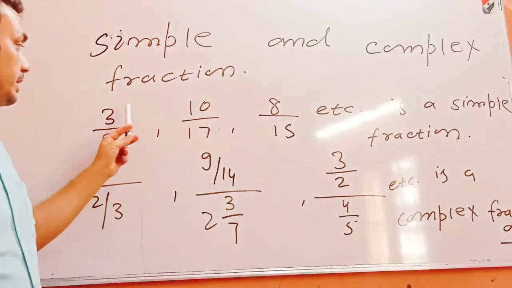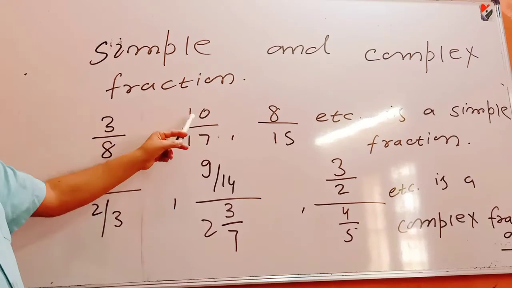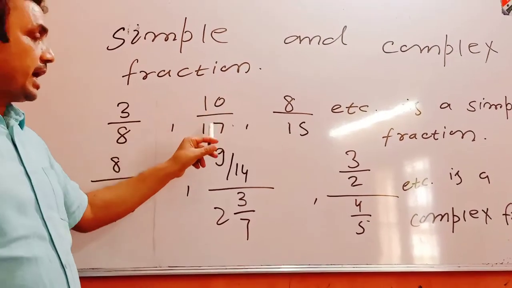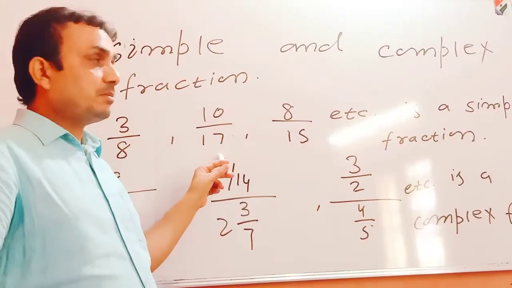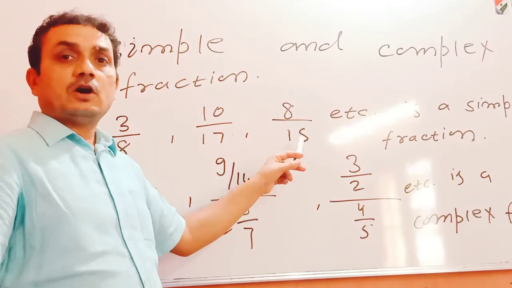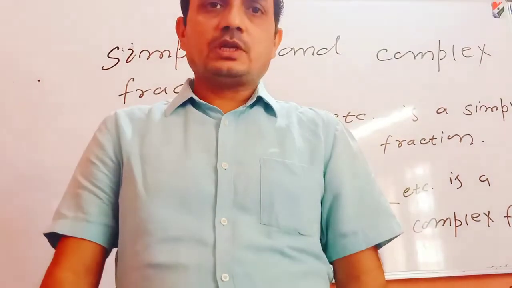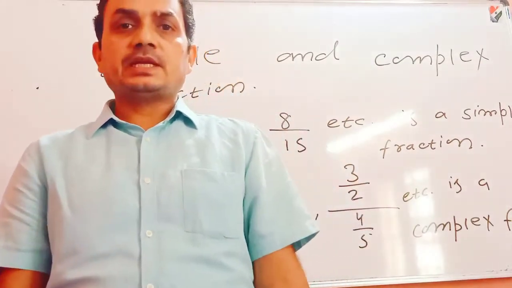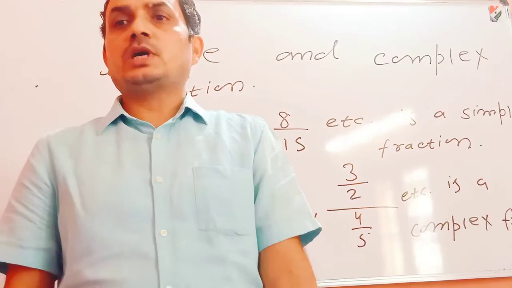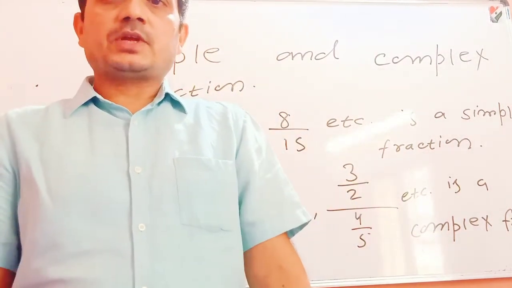Because 3 and 8 both are whole numbers. Our second example is 10 by 17; 10 and 17 are also whole numbers, and in 8 by 15, 8 and 15 are also whole numbers. Then I can say that a fraction whose numerator and denominator both are whole numbers is called a simple fraction.